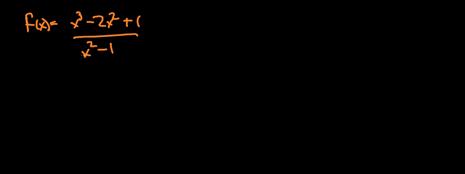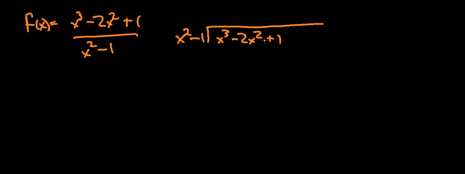What we're going to be doing is using long division. So I have x squared minus 1, and I want to divide it into the numerator. And this is in order to figure out what the oblique asymptote is.